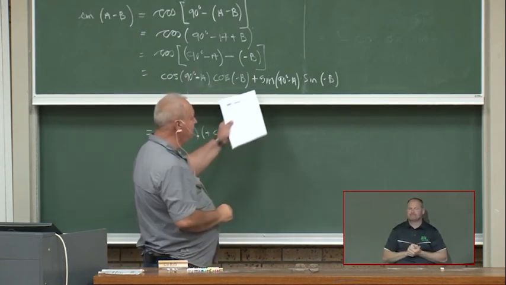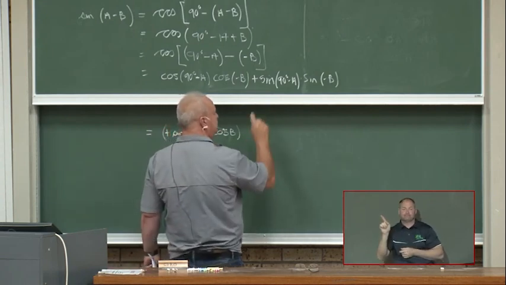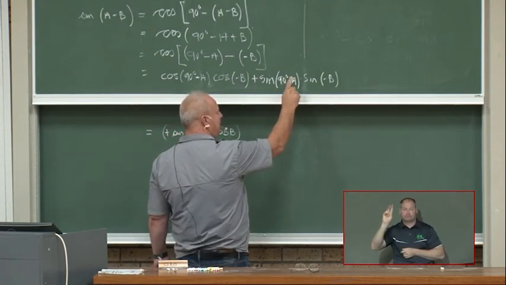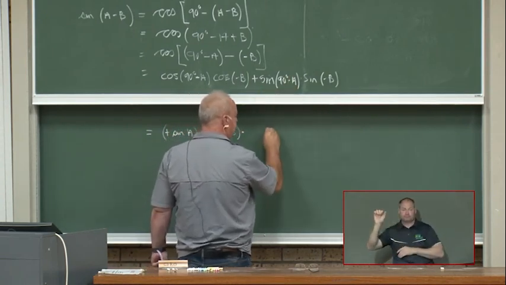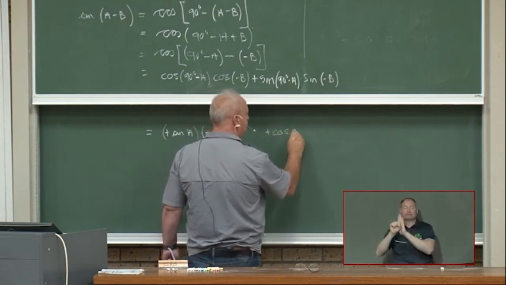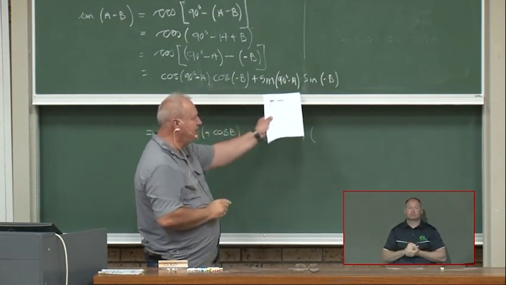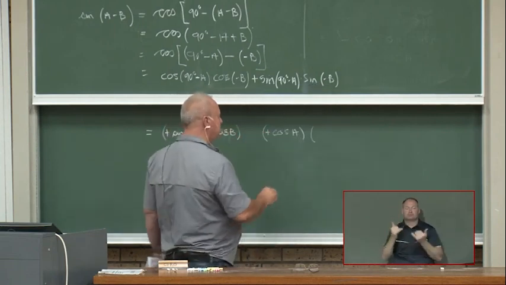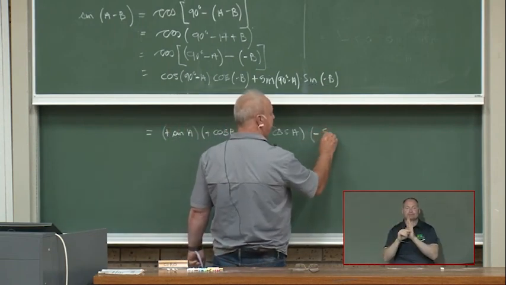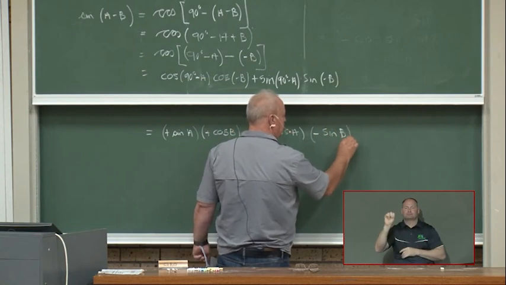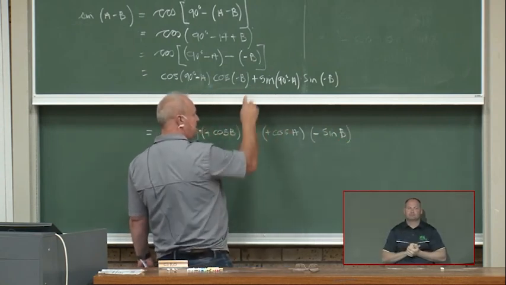And then we're going to say this here, the sine of 90 degrees minus A, first quadrant sine is positive, but it's going to change to the cos of A. And this one here, the sine of negative B, fourth quadrant sine is negative, so it is negative the sine of B. Now we can keep that positive sign there.